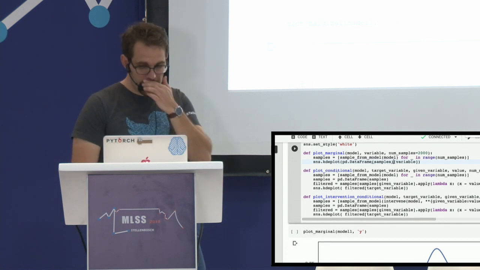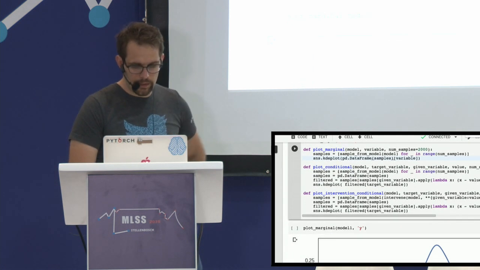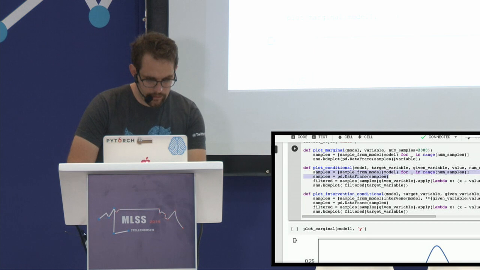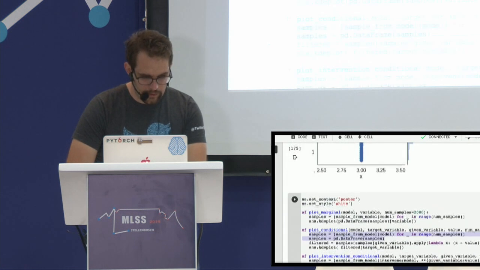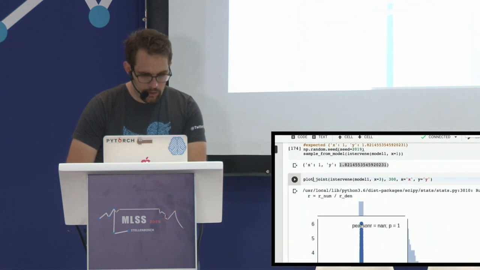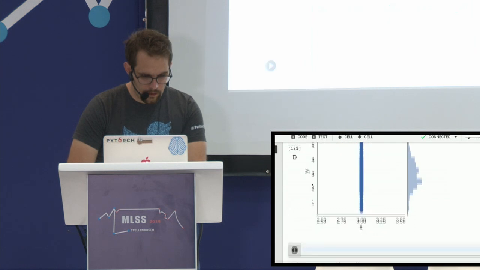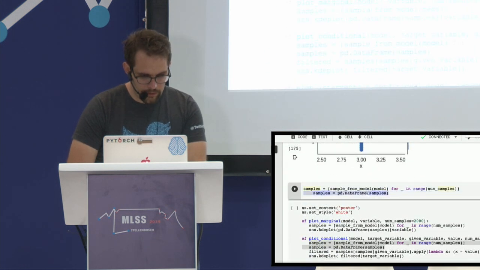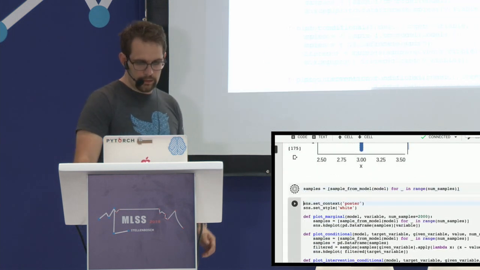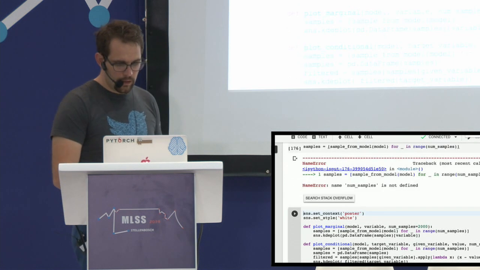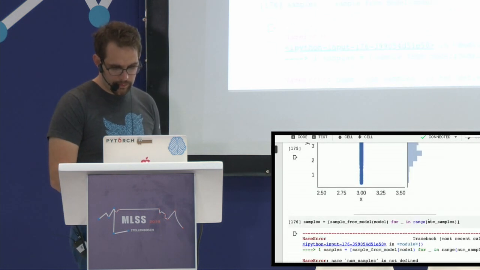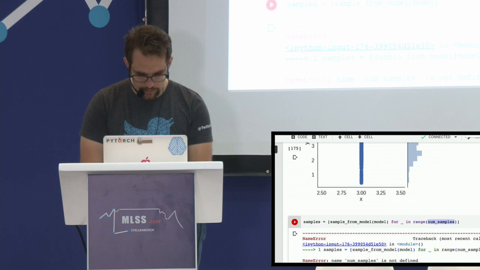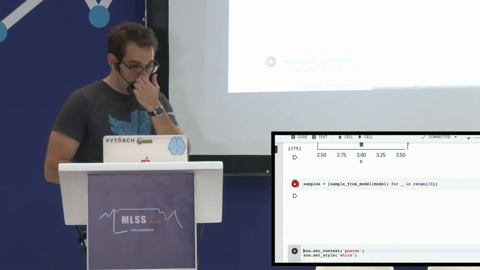I can plot the conditional, and this does something weirder because I created these samples. By the way, I'm going to show you what this pandas stuff does, because if you haven't seen it. So first thing I'm going to do is, num samples is undefined, so I'm just going to say 10.